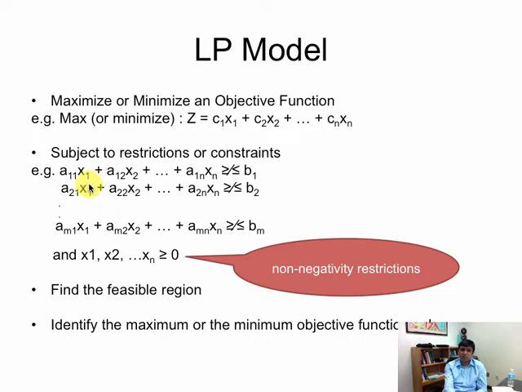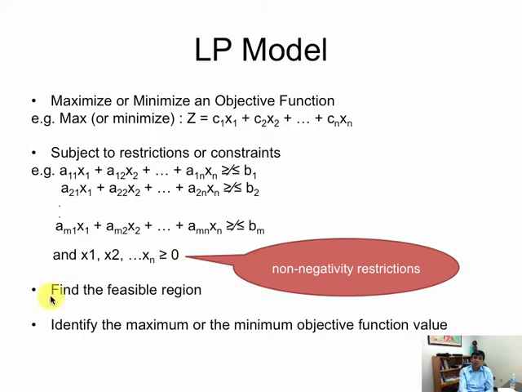For example, a11x1 plus a12x2 plus so on is greater than or less than or equal to b1. And we have to follow a non-negativity restriction, which means x1, x2 and xn all have to be greater than or equal to 0. Next, we find a feasible region, and then we identify the maximum or minimum objective function value.